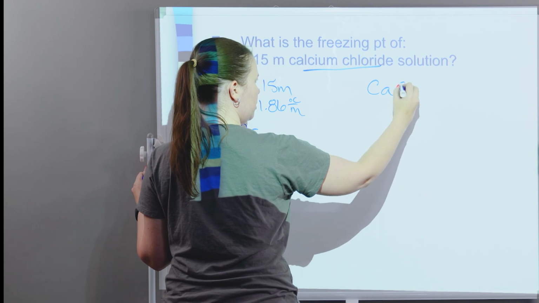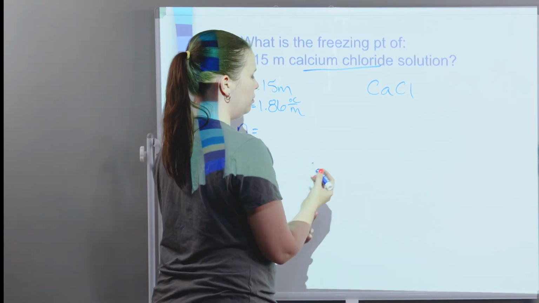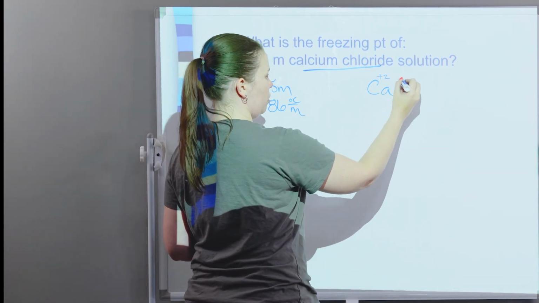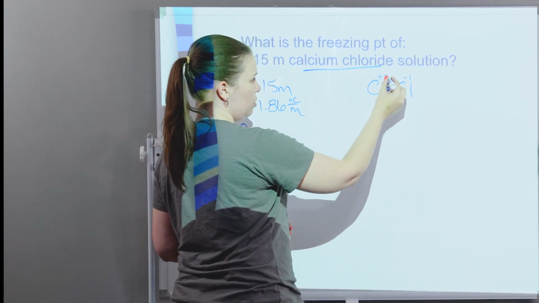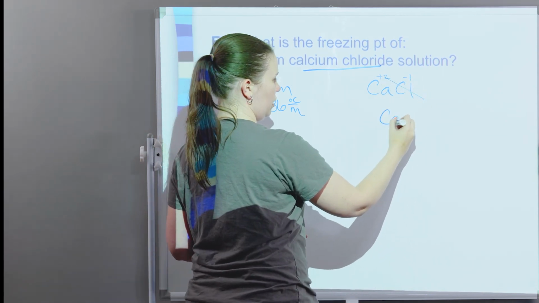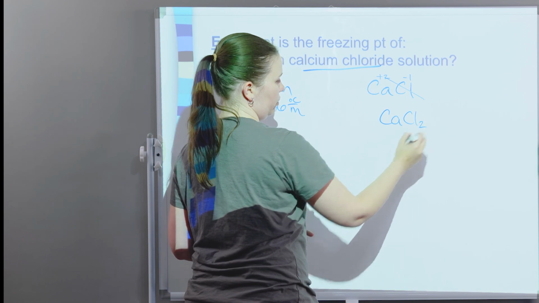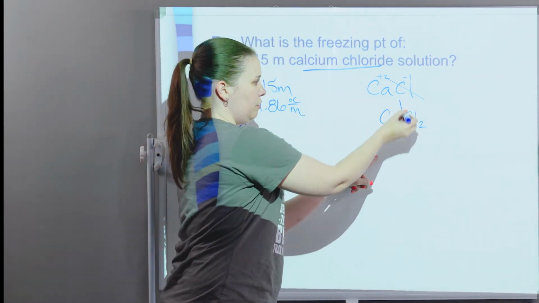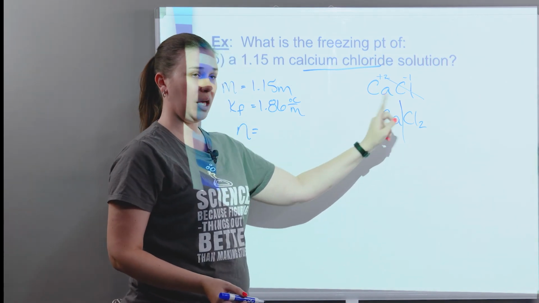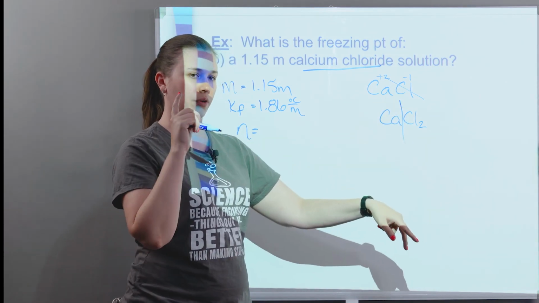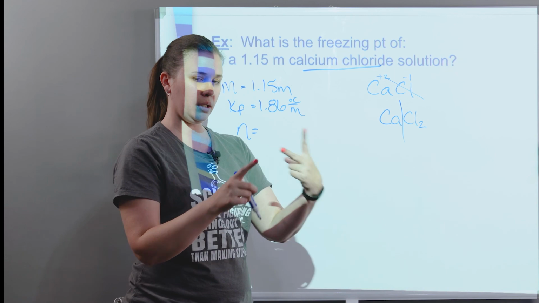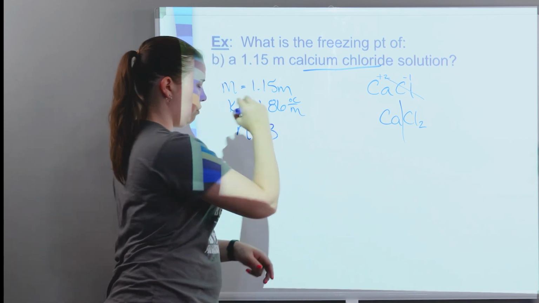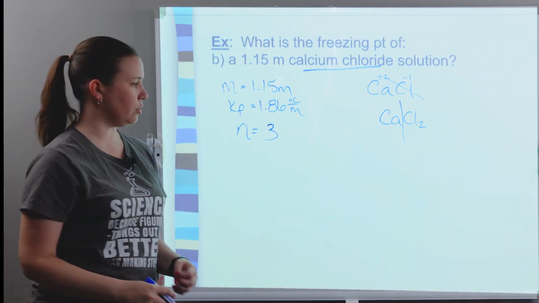So calcium is Ca and chlorine is Cl, but calcium has a +2 charge where chlorine has a -1 charge. So if you crisscross that, you get CaCl2. Meaning I would have 1 calcium, if I broke this up, 1 calcium and 2 chloride ions. So if I have 1 cation and 2 anions, that's now a total of 3 particles in the solution.